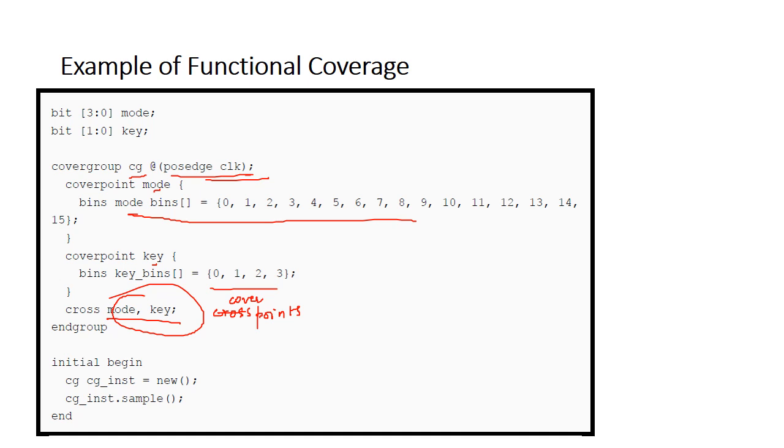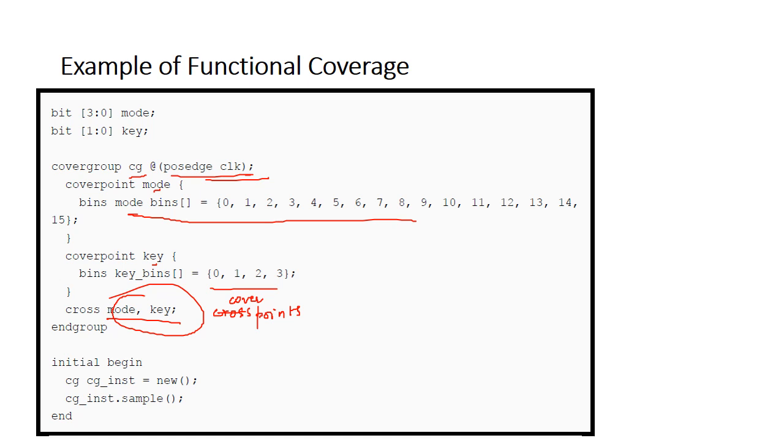And as we already discussed in our previous presentations, CG is a cover group that is going to sample on the positive edge of a clock pulse, as you might have studied in normal Verilog. So, in SystemVerilog, the cover group is named CG at posedge of clock, which means CG is a cover group that samples on the positive edge of the clock pulse.